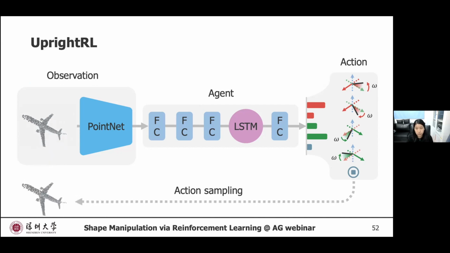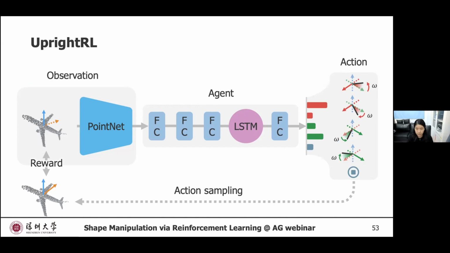Here we use the orange arrow to represent the current upright direction of the point cloud, and the blue arrow to represent the target upright direction when the shape is upright oriented. So intuitively, we defined a reward function to encourage the orange arrow to get closer to the blue one with a smaller number of steps.